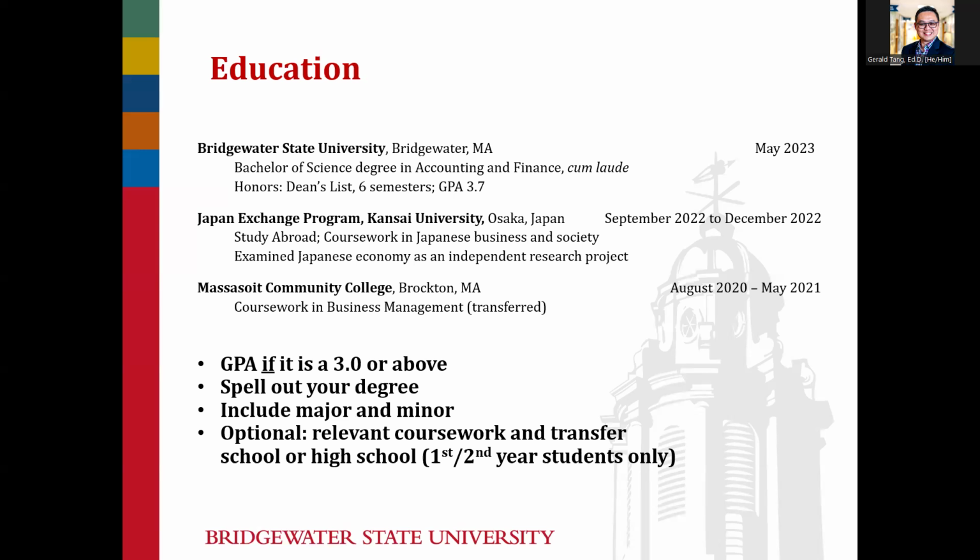Let's say you are pursuing multiple degrees and you were admitted into an accelerated program or master's degree program, you list the master's degree first, followed by the bachelor's degree with the expected graduation date. You can also include your majors and minors and also your honors. If you received Dean's List or you have a GPA above 3.0, you can include that information there.